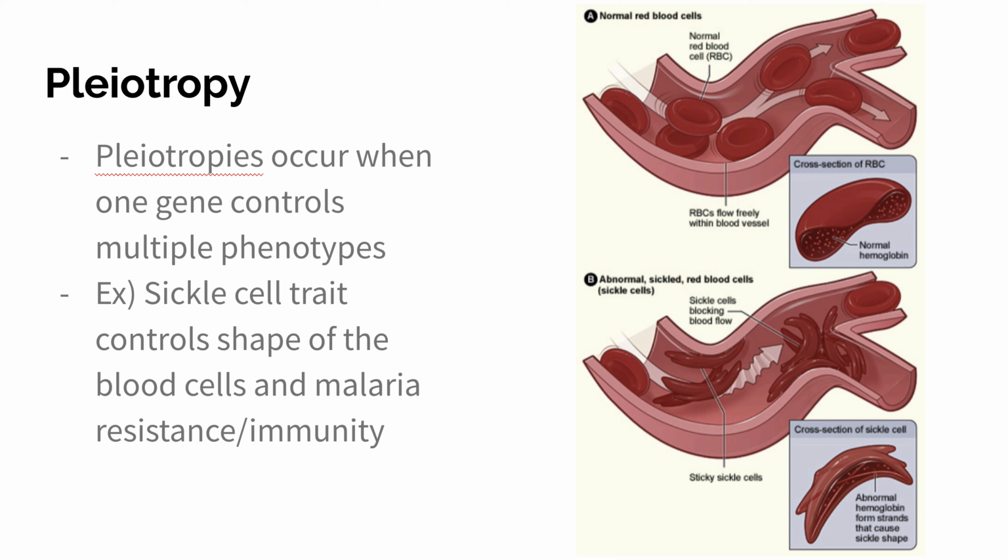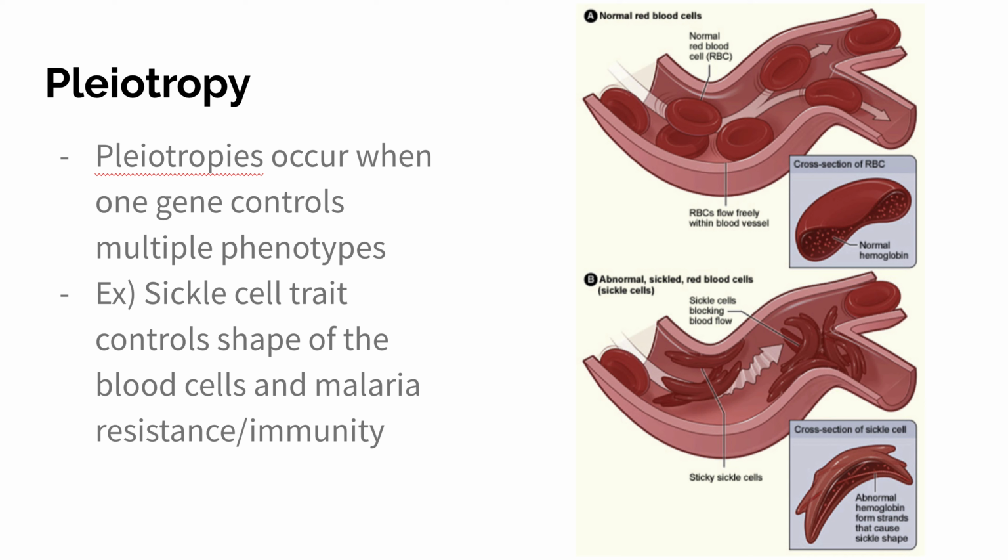Those are two completely different phenotypes. They are related because both of them are controlled by hemoglobin shape, which is ultimately what the sickle cell trait is actually manipulating, but sometimes you do have these pleiotropies where you have one thing influencing multiple different traits in kind of a cascade.